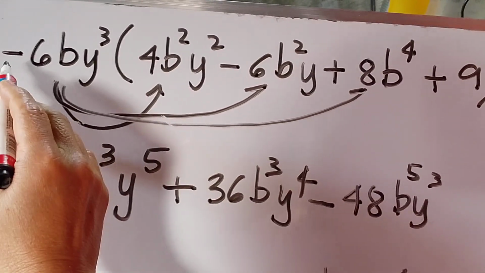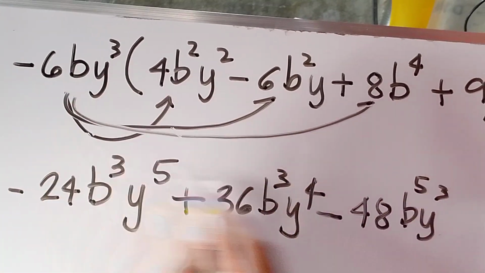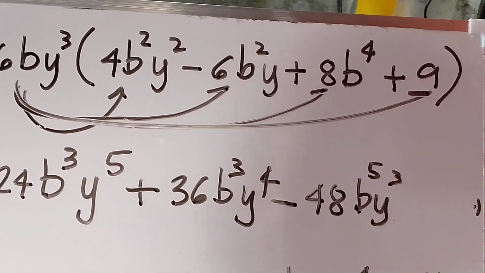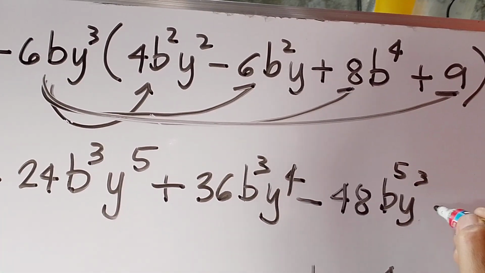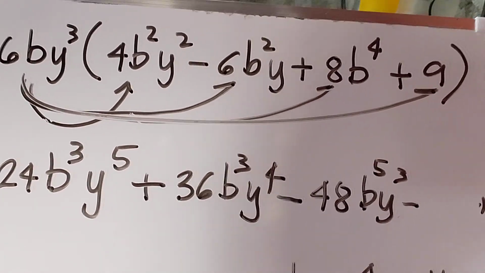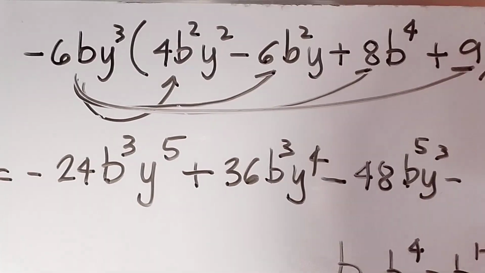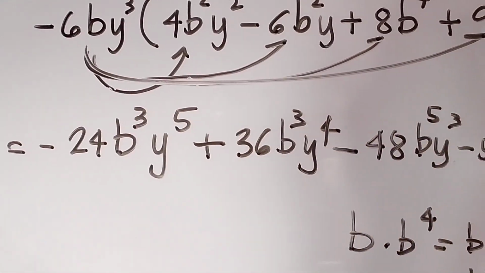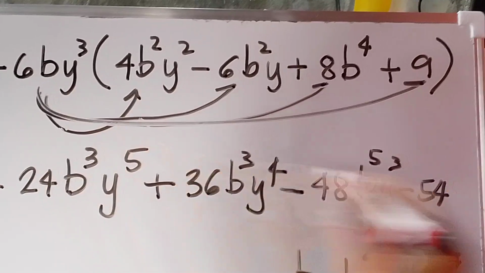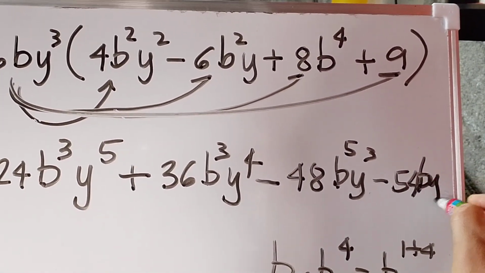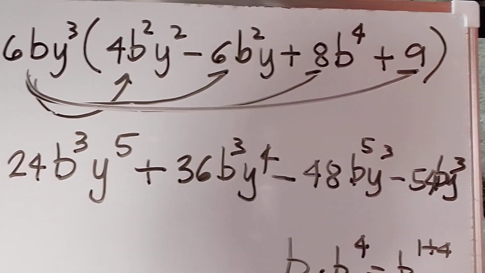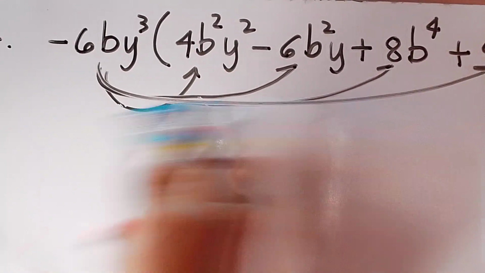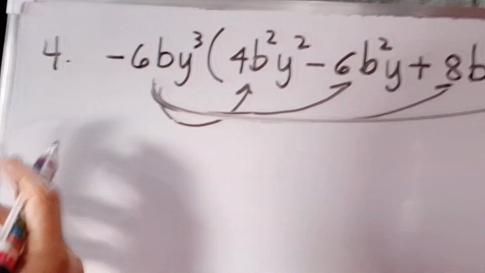Then the last one is negative 6by cubed times the constant, which is 9. So positive times negative is negative. 6 times 9 is 54. Since there are no variables in here, just copy by cubed. Okay, so let's proceed to the last number, which is number 5.